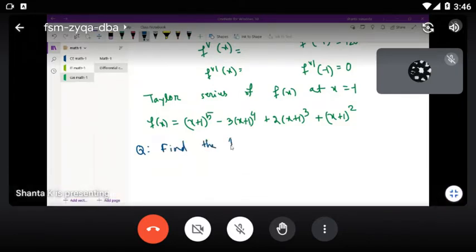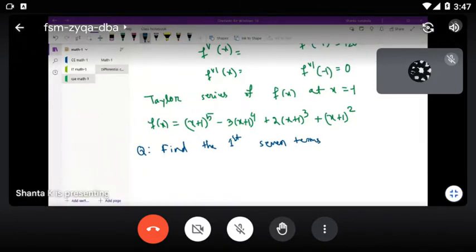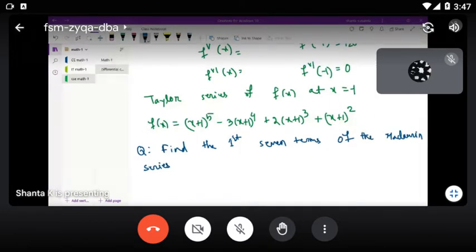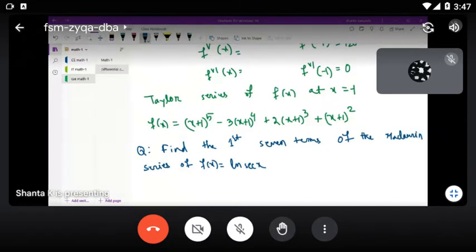Find the first 7 terms of the Maclaurin series of ln sec x.